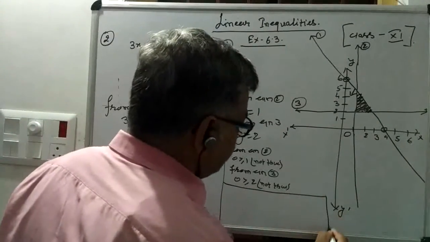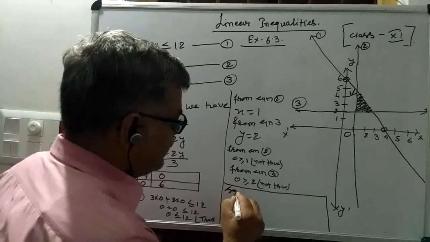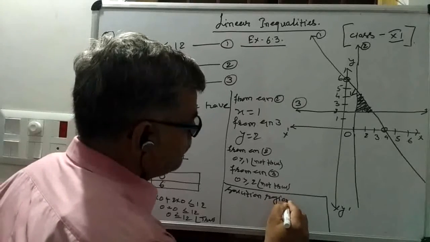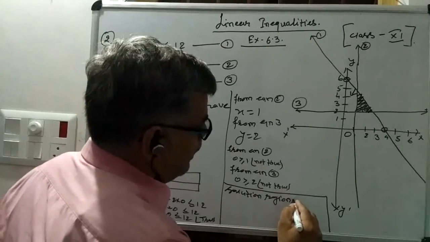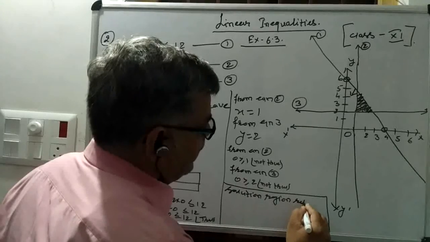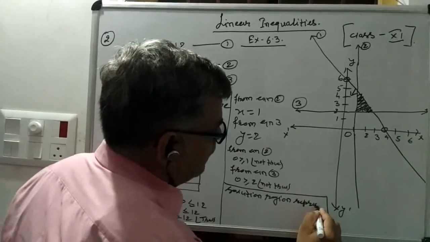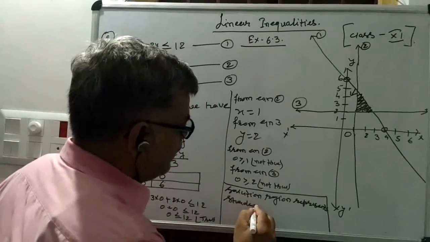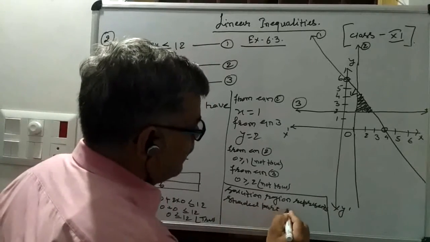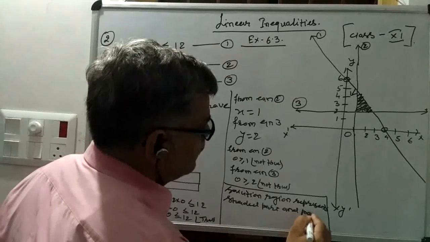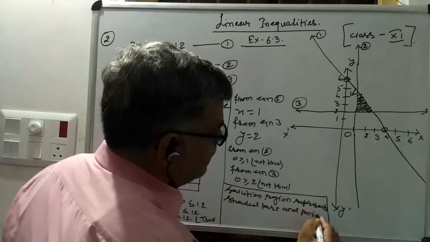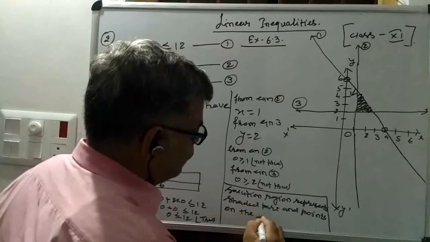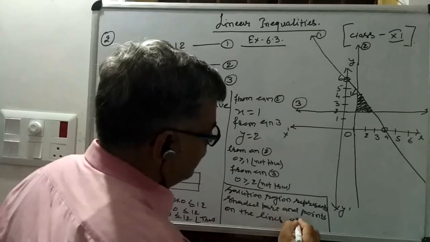So your resultant solution region represents the shaded part, and you must write it: points on the lines also.